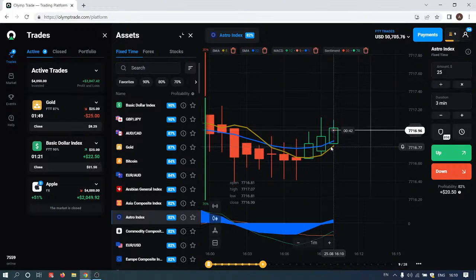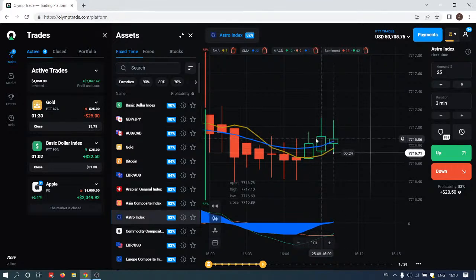Like in this example, let's pay some attention to the Astro index, and we might have a chance to open a trade in the upwards direction, right? So the yellow line is about to cross the blue line, and as you can see, we have green Heikin-Ashi.